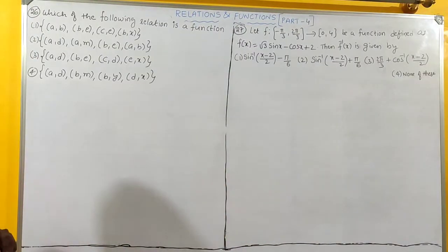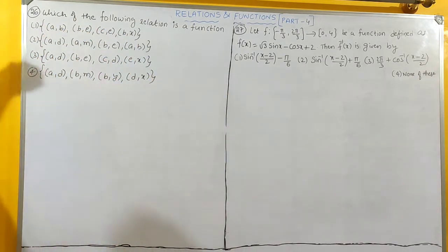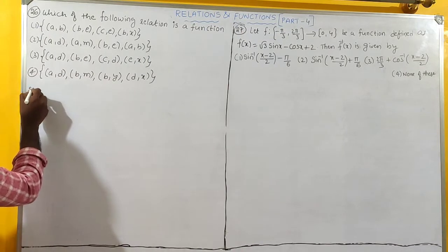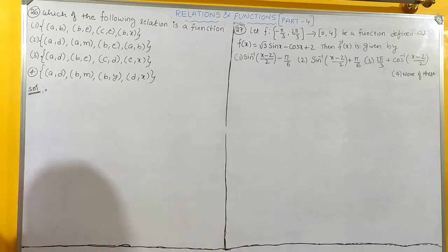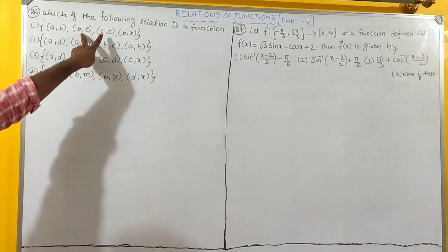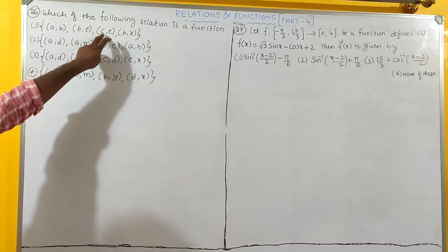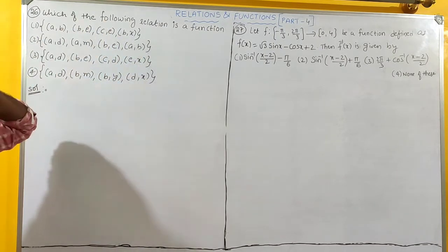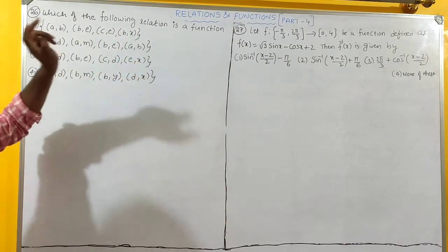Okay, next question. Which of the following relations is a function? See, 4 options are given. First, if you take the first option, B and C both have the same image, there is no problem. But B has one more image.